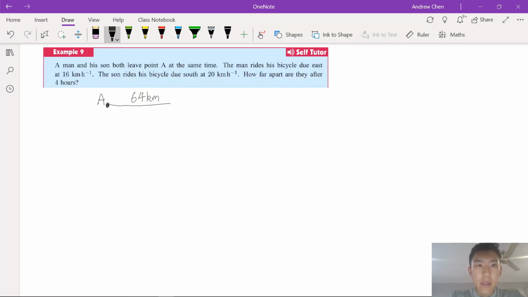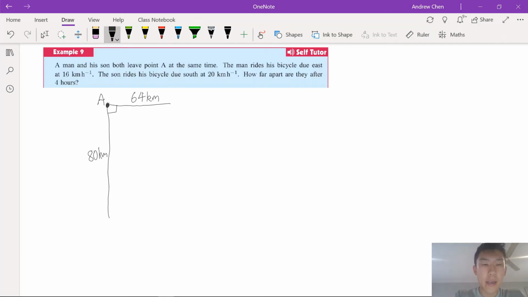And the son rides due south at 20 kilometers an hour. 20 times 4 is 80, so that's 80 kilometers. Now east and south are 90 degrees apart, so that's a right angle.